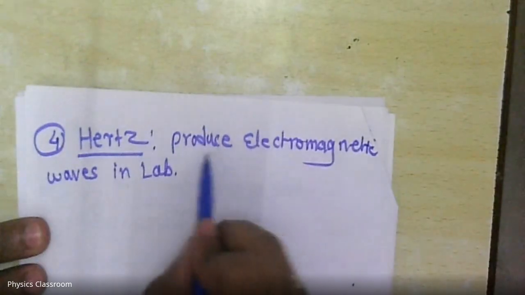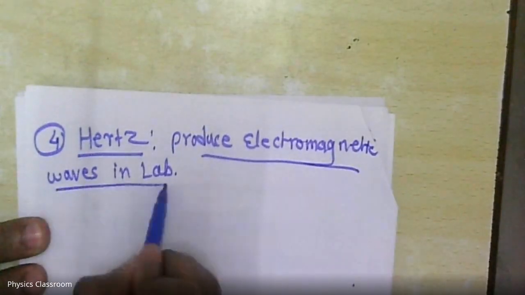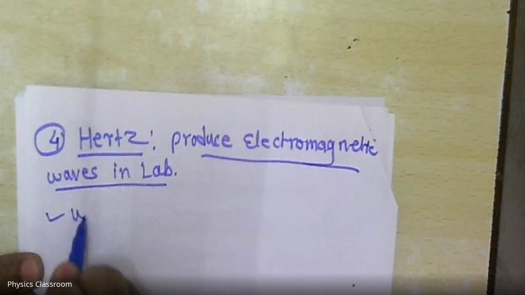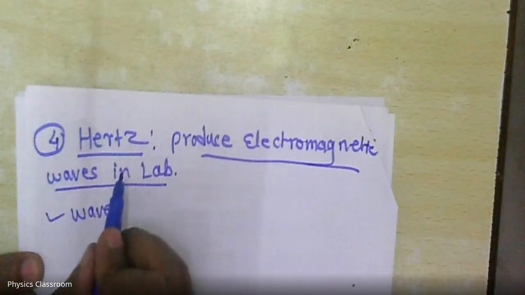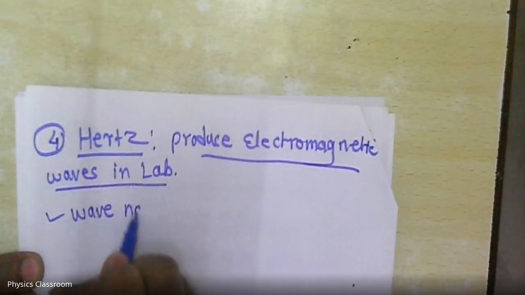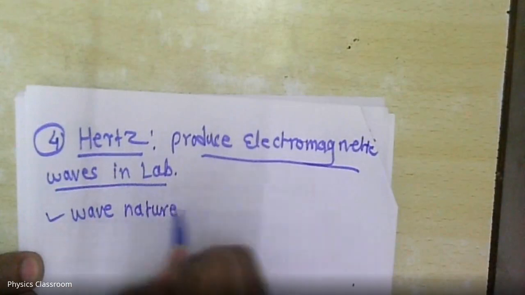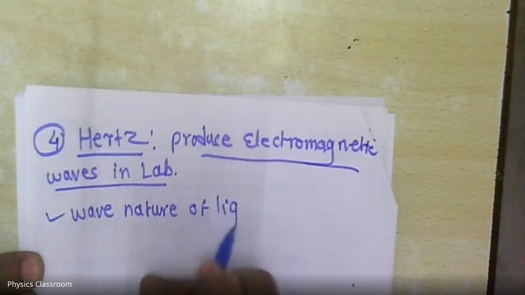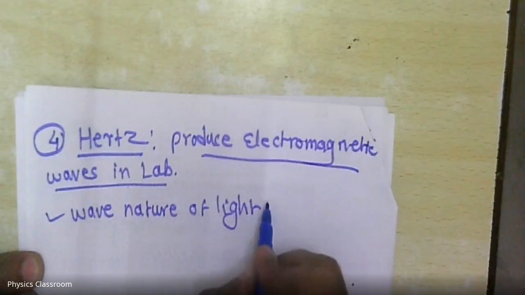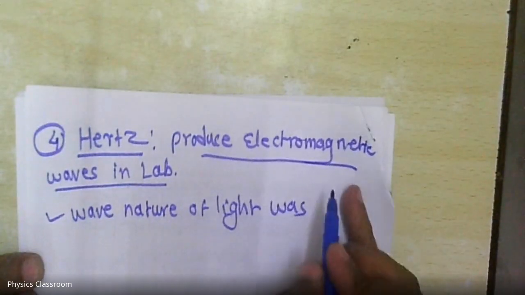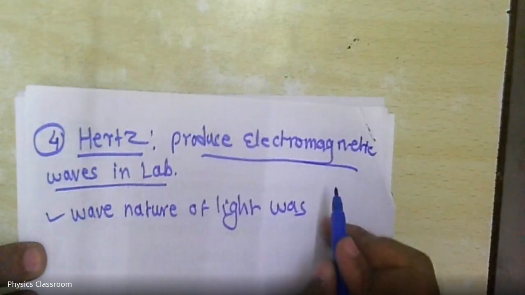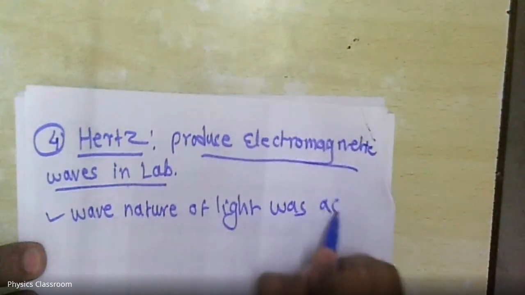After the production of electromagnetic waves in the laboratory, what happens? The wave nature of light was accepted at that time. It is the past tense.